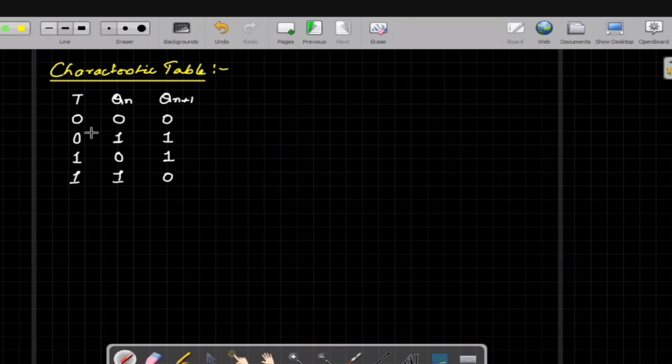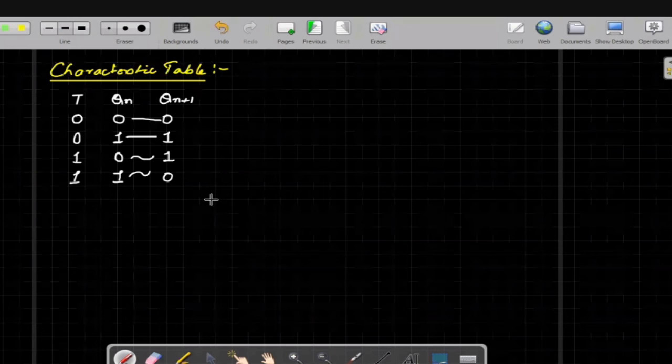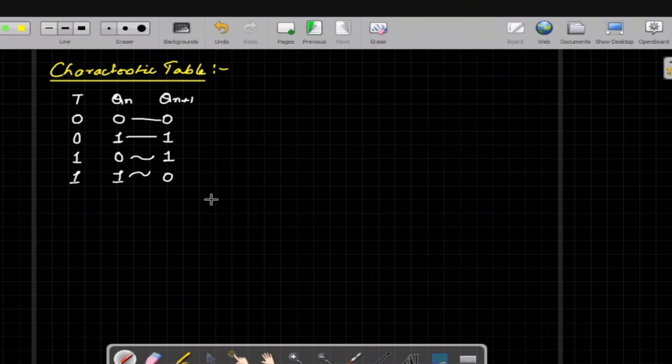When T is equal to 0, it directly maps whatever Qn they have, but when T is equal to 1, they complement it. Clear? So this is your characteristic table. Let us form it in table form like this.